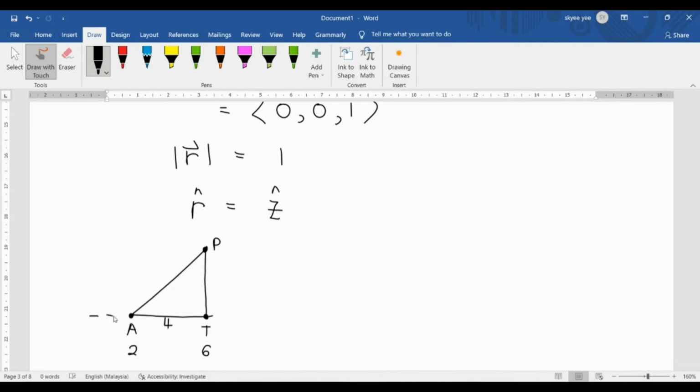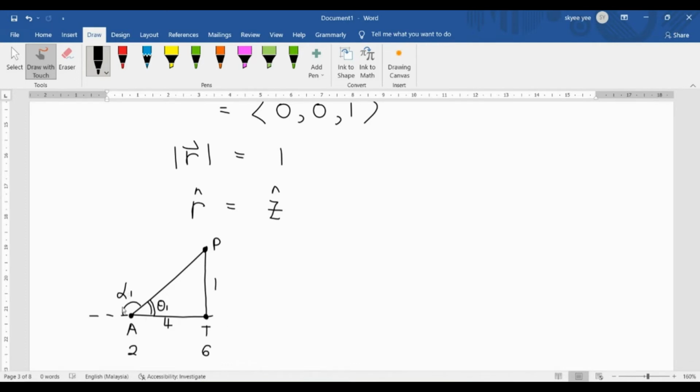This is your alpha 1. The length from T to P is 1. So what will be your alpha 1? You need to find out theta 1.